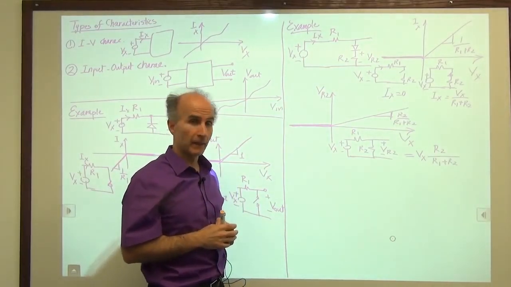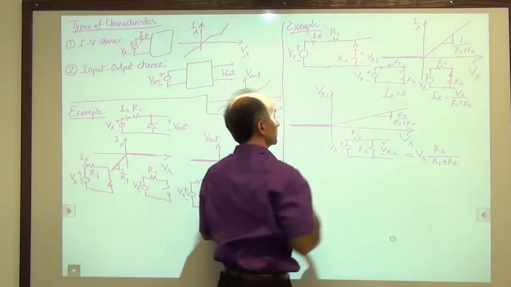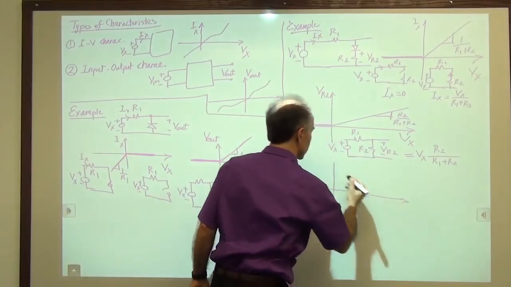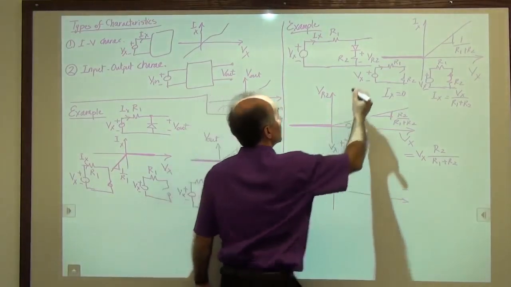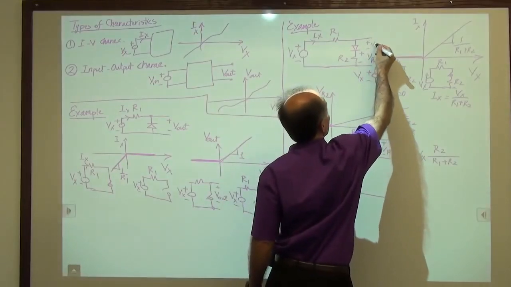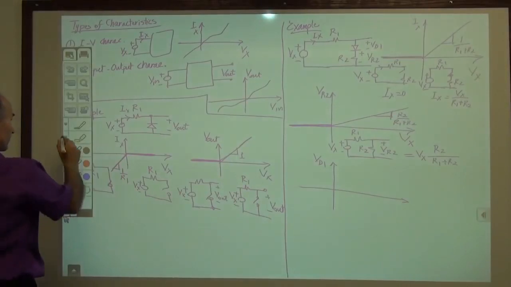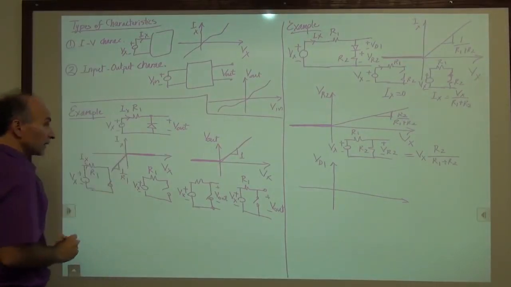Okay, in the next step, let's try to find the voltage across the diode. So we will call this VD1, and let me change the color of my pen to maybe brown.